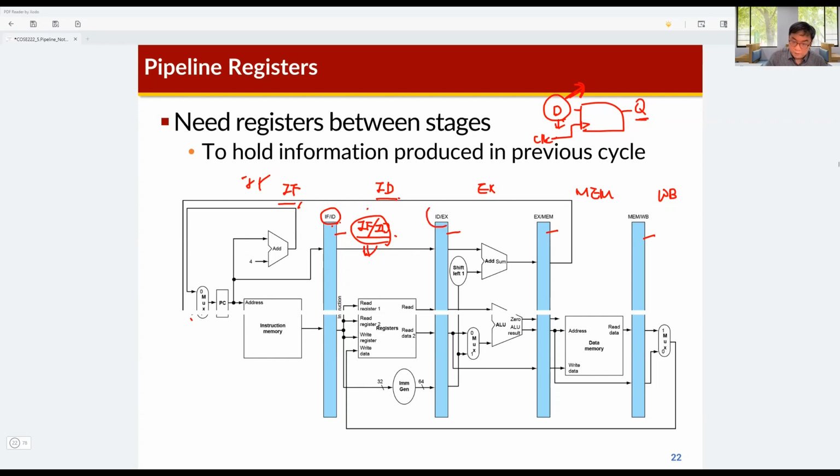How about this pipeline register? This one is called ID / EX, then EX / mem, mem / write back. Okay, this is the notation we will use in this course.